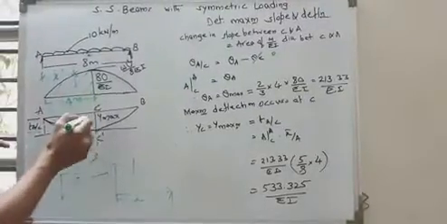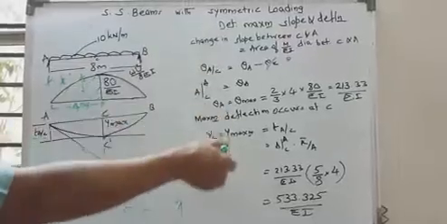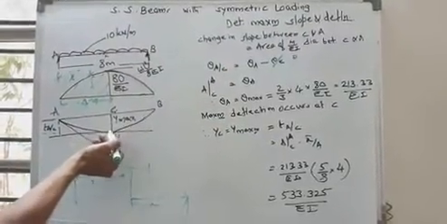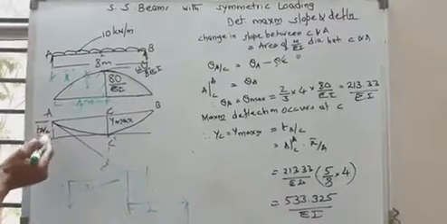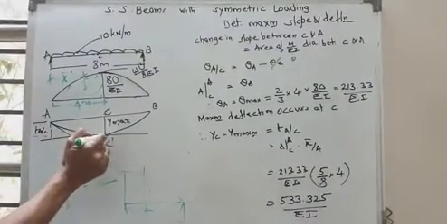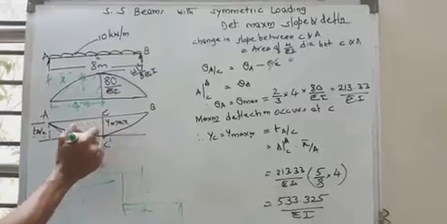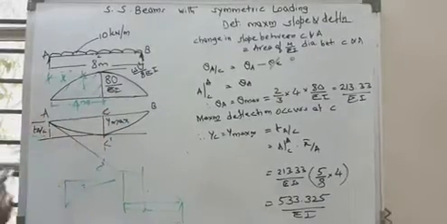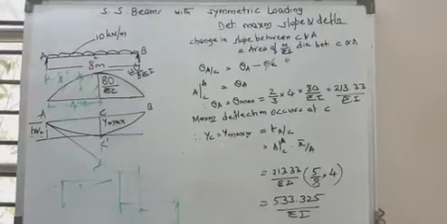So taking the slope there as 0, you can calculate the slope at any point. Similarly, maximum deflection can be taken as the tangential deviation of A with respect to the tangent drawn from C. So you have to take the area of M by EI diagram between A and C about A. That gives you directly Y maximum.